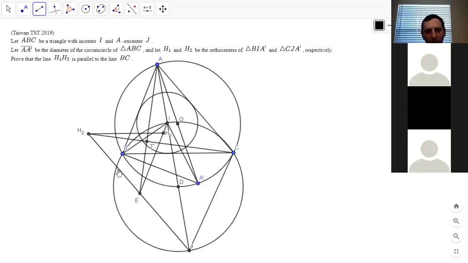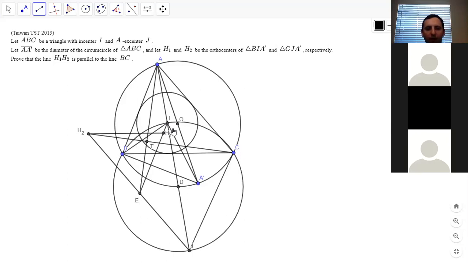We can define BH1 as the perpendicular from B to IA prime. So we won't use that H1 is the orthocenter, just one perpendicularity. That makes sense. Because IE is perpendicular to A prime B, we drop that perpendicular and let it intersect at E.